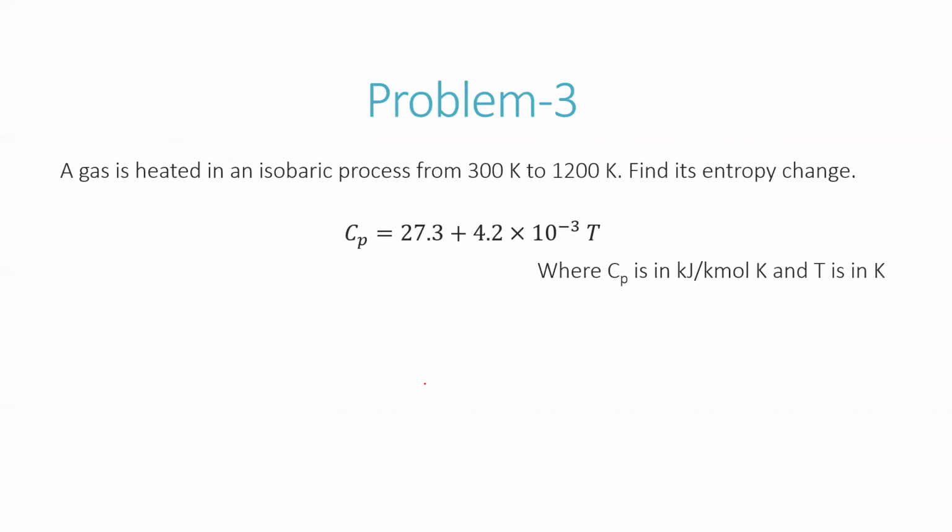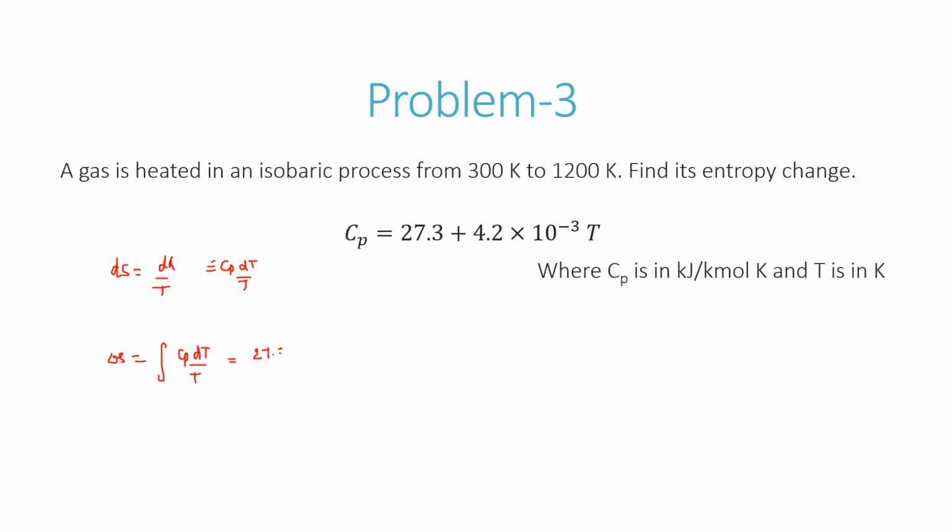Okay. Now we move on to problem number 3. A gas is heated in an isobaric process from 300 Kelvin to 1200 Kelvin. Find its entropy change if Cp is given to be this. This is the easiest possible question you can ever get. dS is equal to dq by T, which for an isobaric process can be written as Cp dT by T. Therefore, delta S is going to be the integral of Cp dT by T. And over here, they have given Cp as a function of temperature.